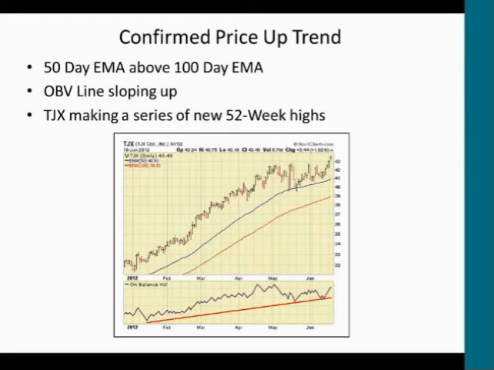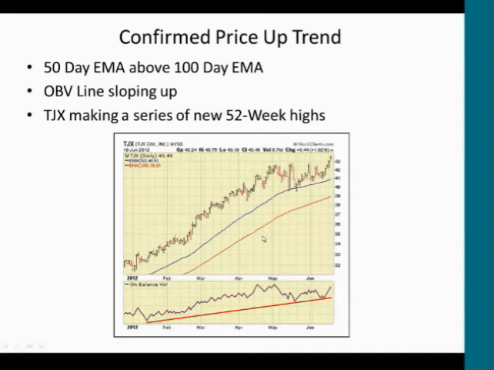And as I mentioned, I own TJX stock, and we can see that the blue line here is the 50-day EMA. It's above the 100-day EMA, so TJX is obviously in a price uptrend. It's been making a series of new 52-week highs, which confirms this price uptrend. And you can see the on-balance volume line is also sloping up, confirming this price uptrend.